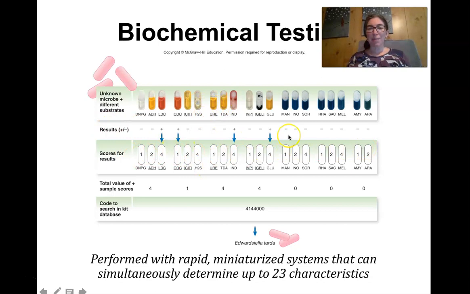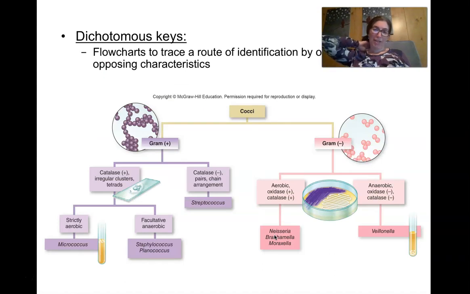You score them based on a scoring guide, and then there's this algorithm to calculate a code from those results, and then you can look up which organism has that code, and it's really kind of a cool way to get a diagnosis. But those things are pretty expensive.